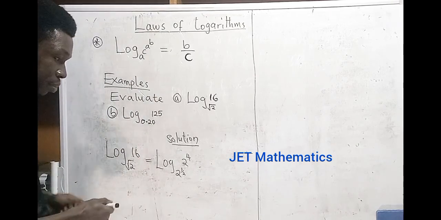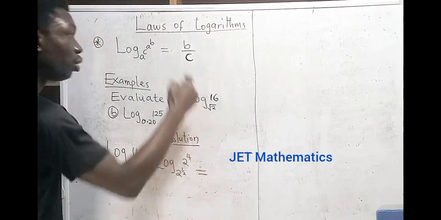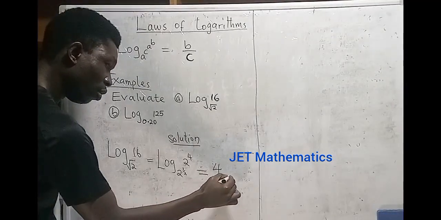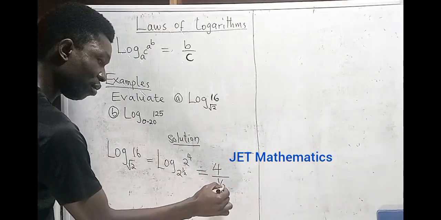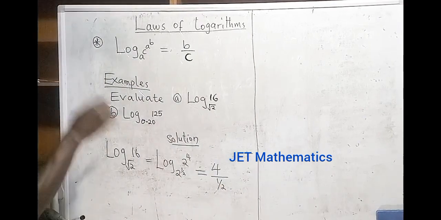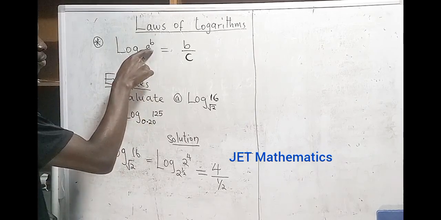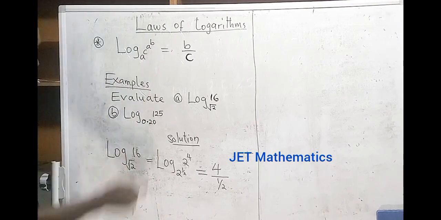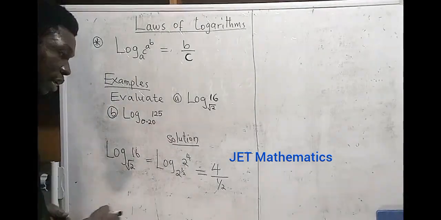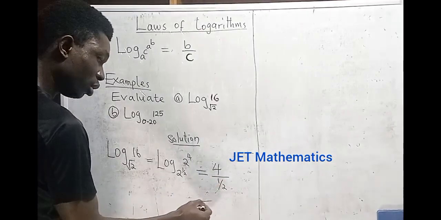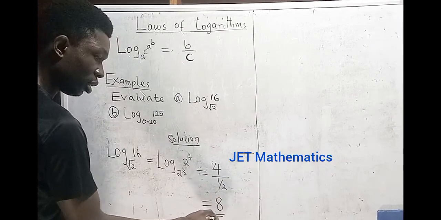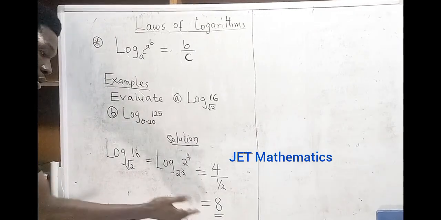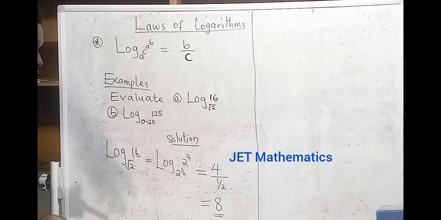So from this law we can say our result is 4 over half, that is b divided by c. That's what we have applied here, and when you do this, your result becomes 8. 4 divided by half is 8. So that's the result to this simple problem.